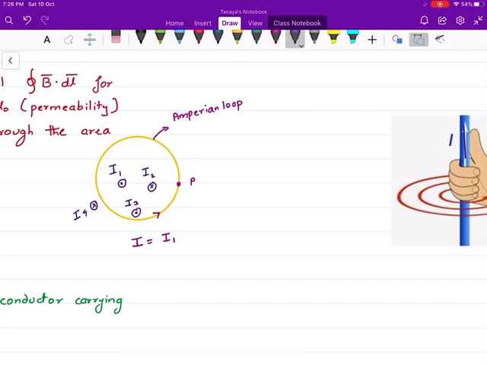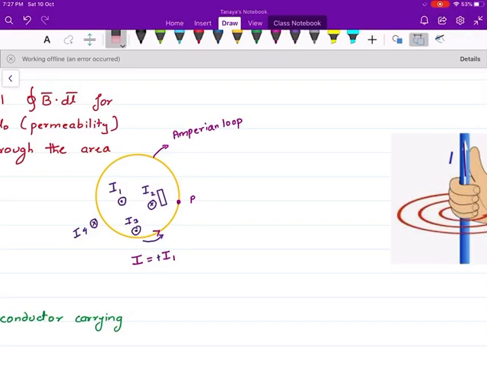Since I1 is coming out of the screen, the field direction matches the direction in which we are traversing the loop. So I take it as plus I1. For I2, the magnetic field is going to be in the clockwise direction, which is opposite to what we have considered. So I will take minus I2 and plus I3.